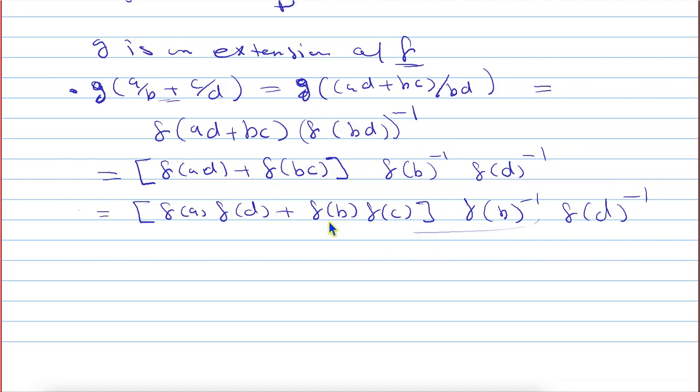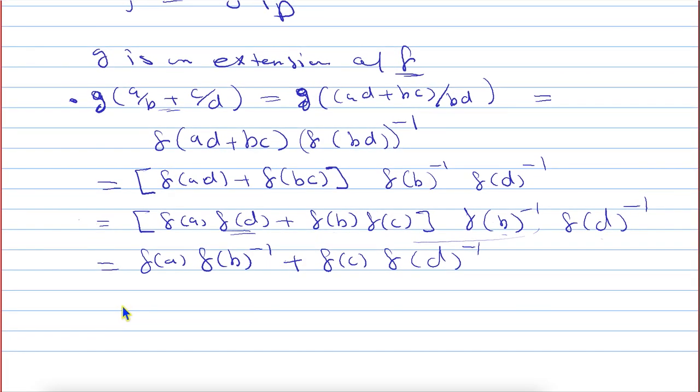So when we distribute this multiplication over the addition, F of D inverse cancels with F of D, so we have F of A, F of B inverse, plus F of C, because F of B cancels with F of B inverse, F of C, F of D inverse.